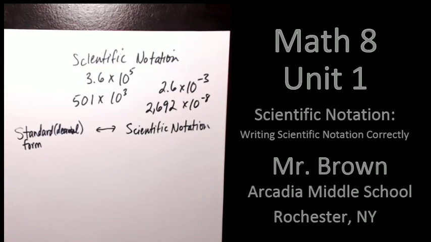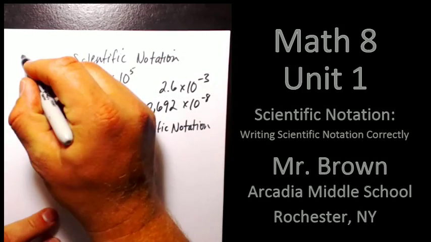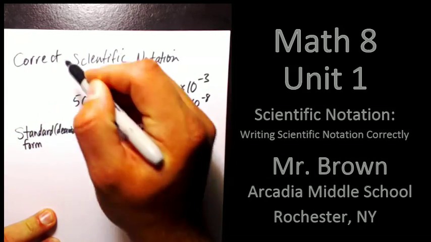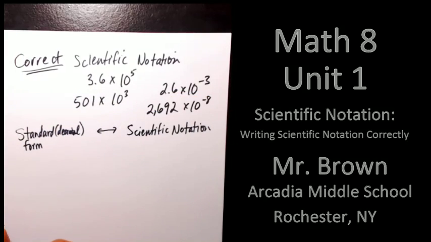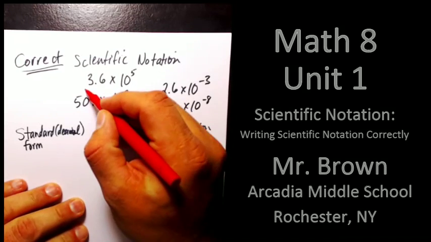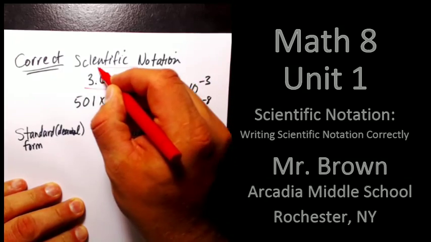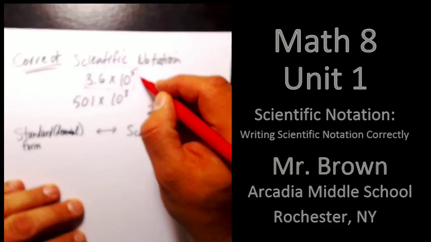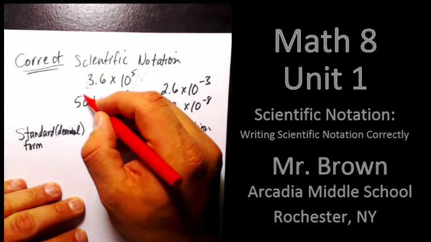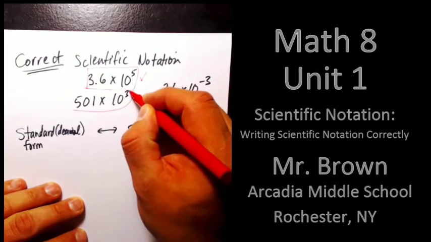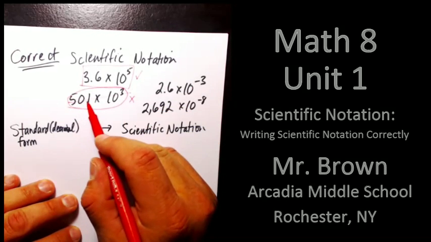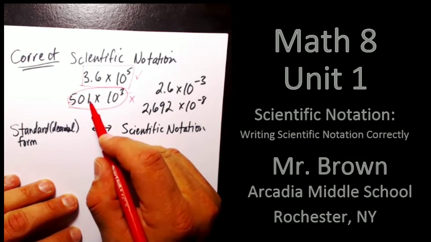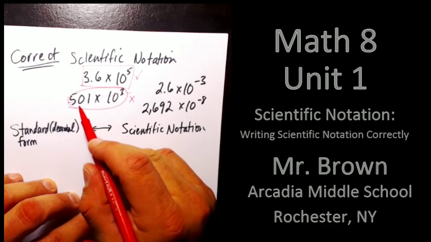Now, what I need you to understand, though, is that there's something called correct scientific notation. Correct scientific notation is when you have a coefficient in the front that's between 1 and 10. So this number right here, that is correct. This number right here, 501 times 10 to the third, is not in correct notation, because 501 is not a number between 1 and 10.